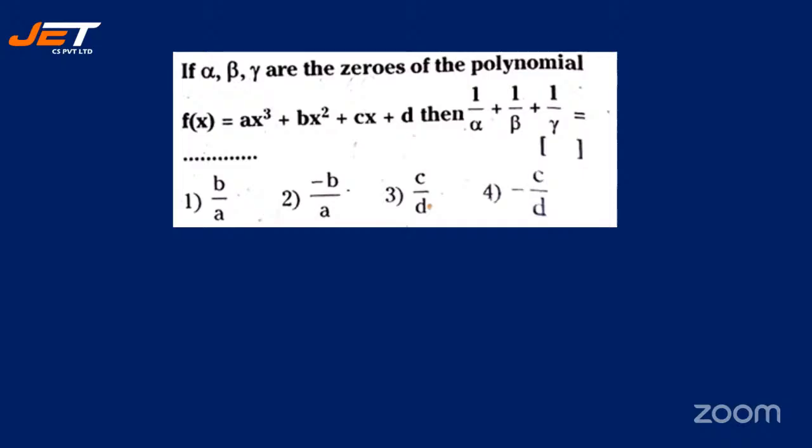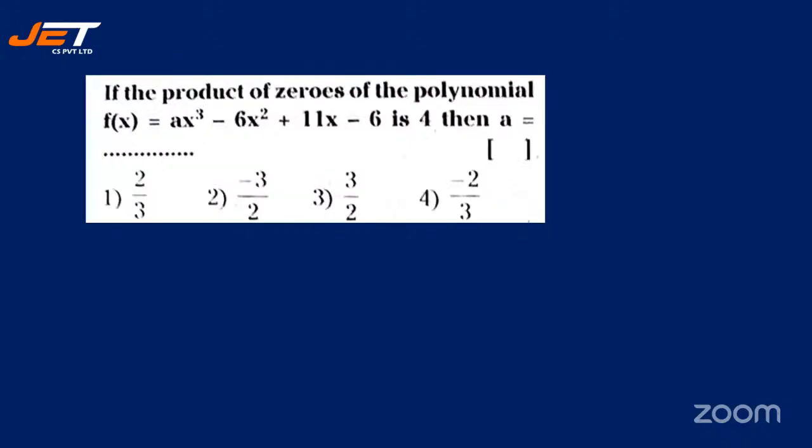Is it b by a, minus b by a, c by d, or minus c by d? Quickly, you can give me the answers. It is minus c by d. Okay, right.